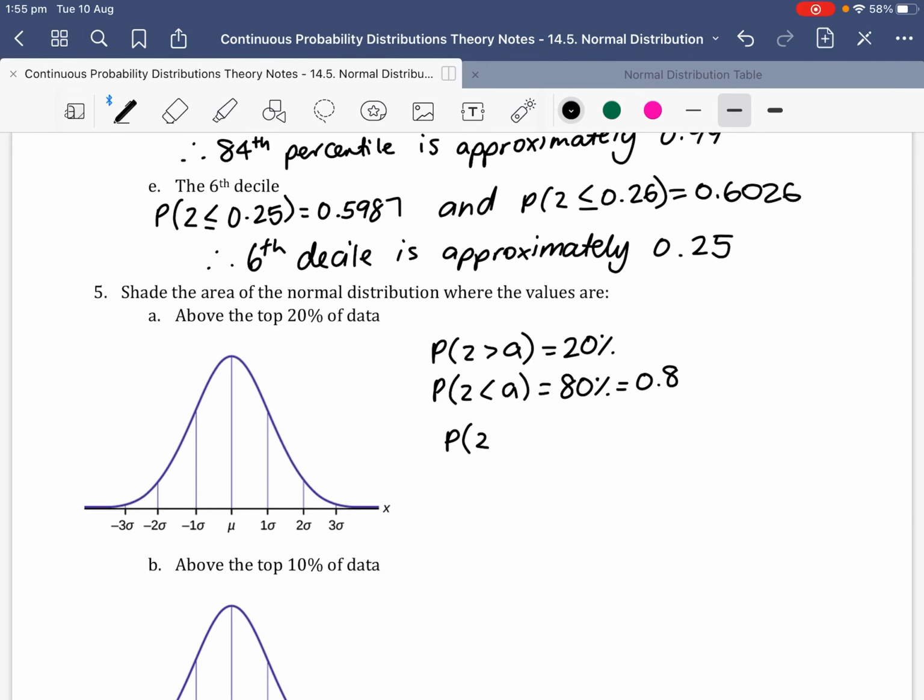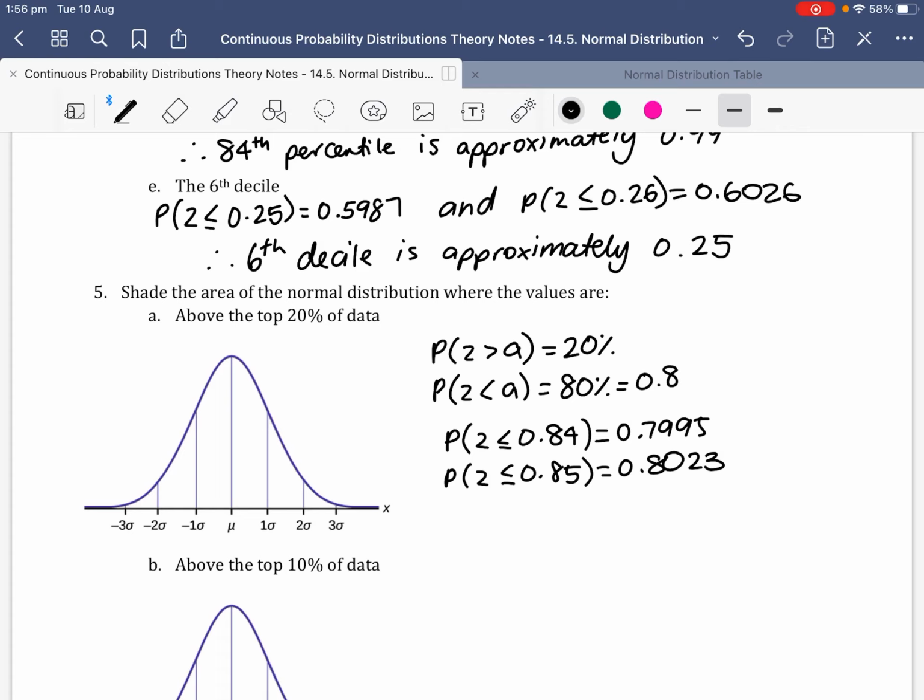So it's the probability of Z is less than or equal to 0.84, which equals 0.7995, and we have the probability of Z is less than or equal to 0.85, which is equal to 0.8023. So we have to work out which one's closer, and 0.7995 is closer to 0.8 than 0.8023 is.